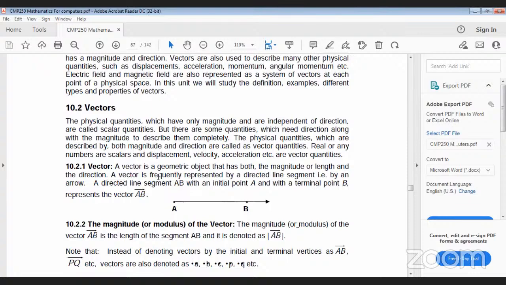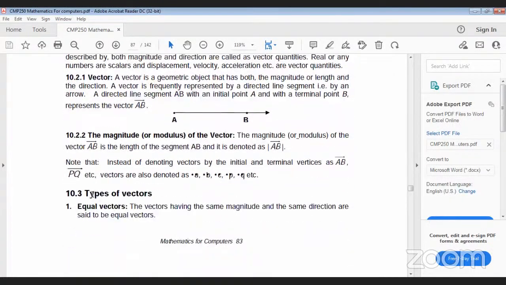A directed line segment AB with an initial point A and a terminal point B represents vector AB. Now see, the magnitude or modulus of the vector is the length of the segment, and it is denoted by this formula. This means magnitude, the lines drawn beside AB.